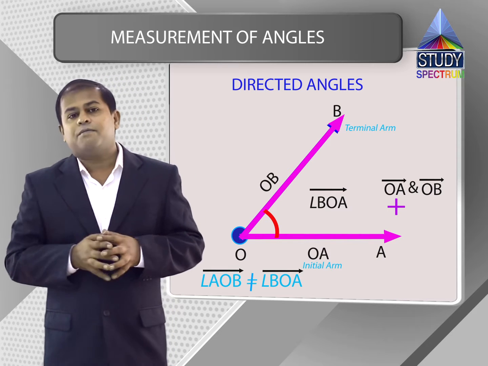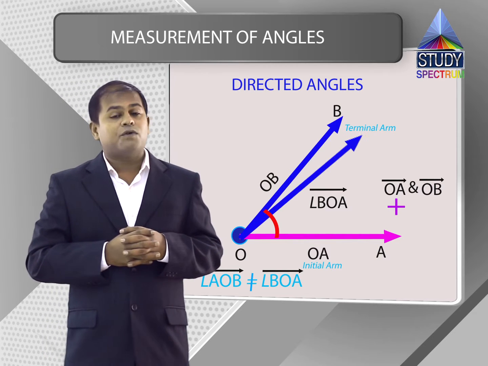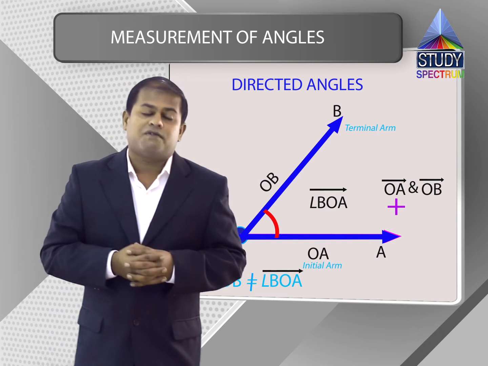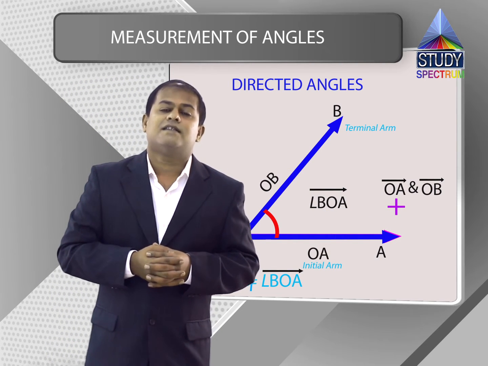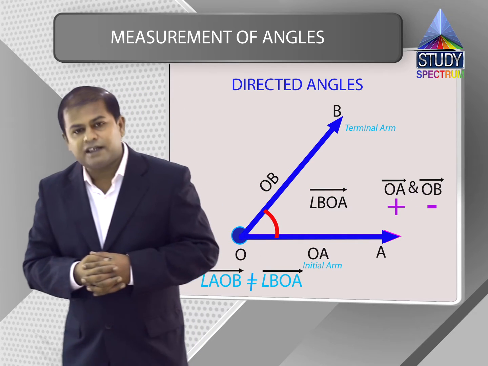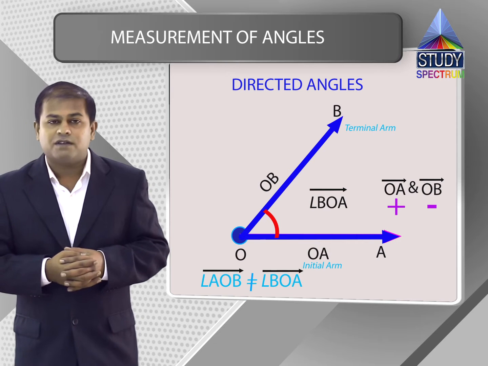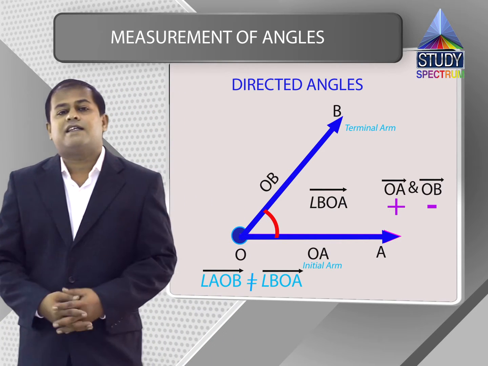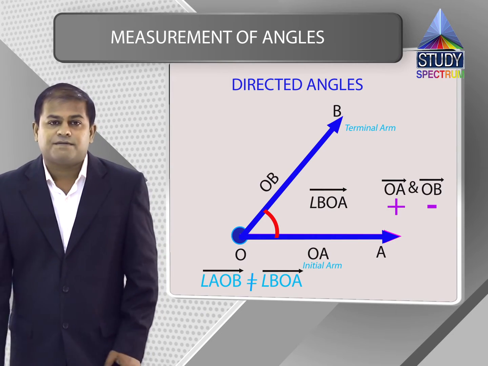Whereas in angle BOA, arm OB was rotated in clockwise sense, so the measure of angle BOA is negative. Whatever angles are measured in anti-clockwise direction, their measure is positive. If an angle is measured in clockwise direction, its measure is negative, right?